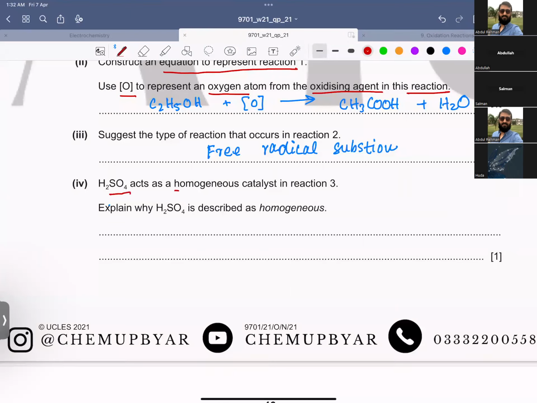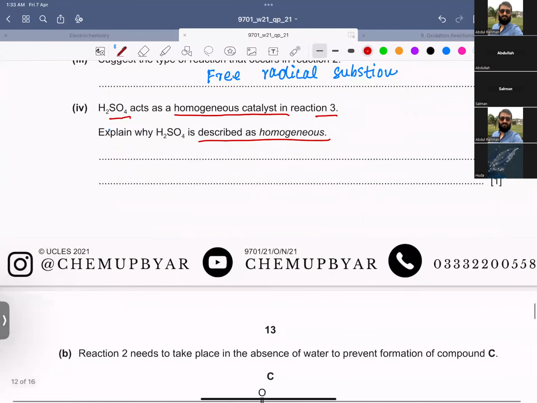Sulfuric acid acts as a homogeneous catalyst in reaction 3. Explain why sulfuric acid is described as homogeneous. So if you recall, homogeneous catalysts are the ones which have the same state as the reactants.